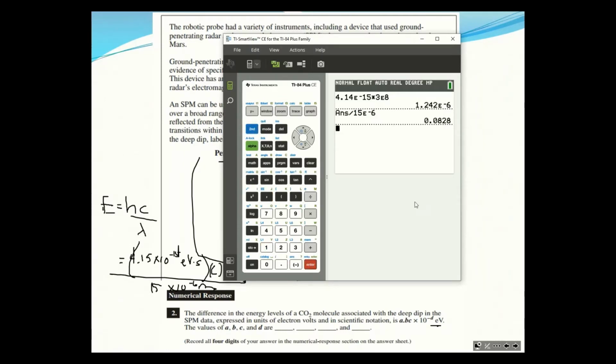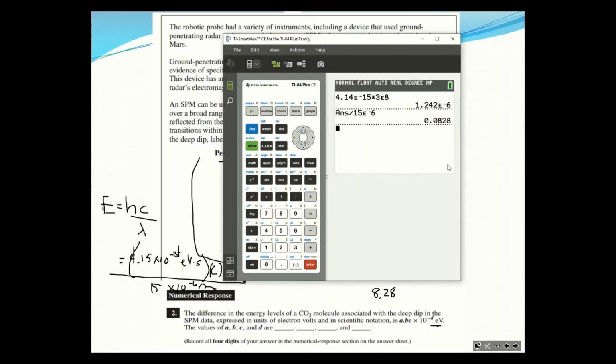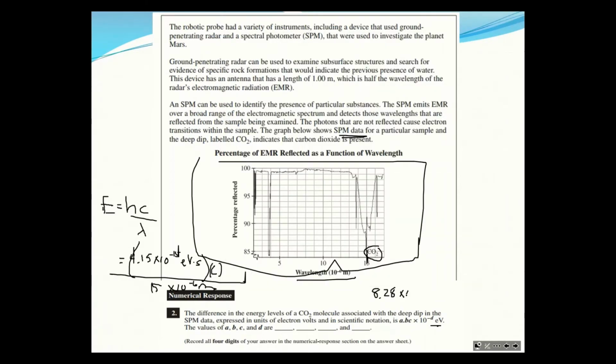And it looks like we get 8.28 times 10 to the negative 2 electron volts. So my answer would be 8282 as my final answer. Okay, so hopefully that helps.